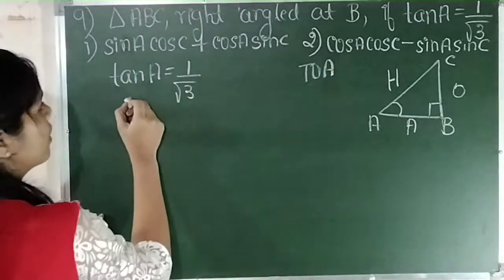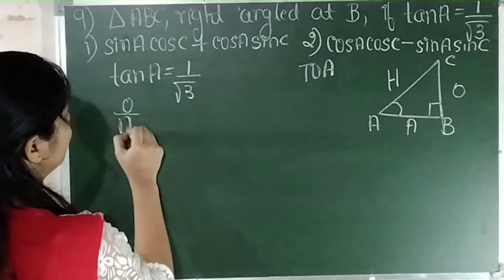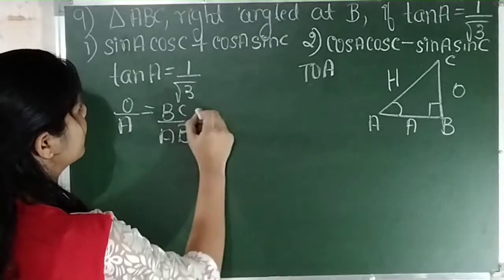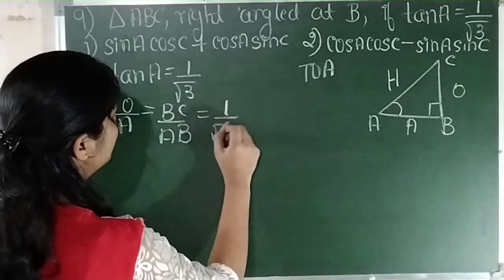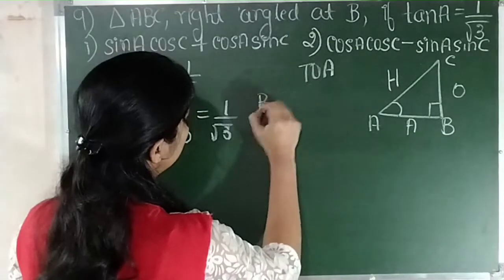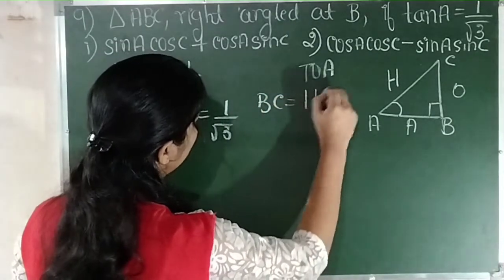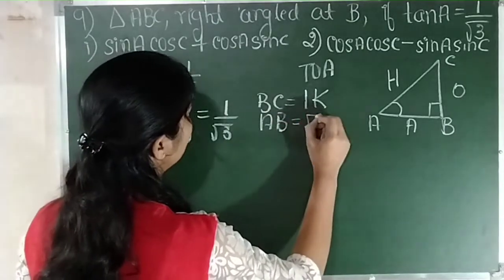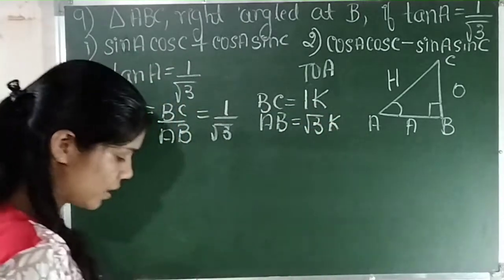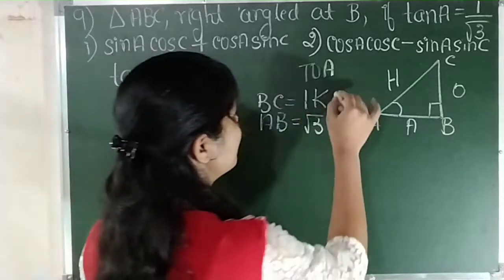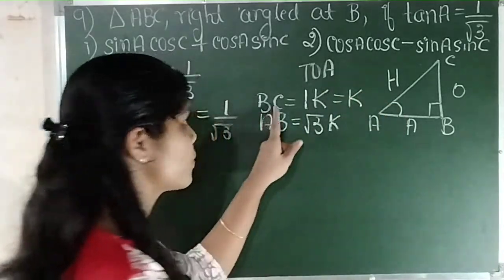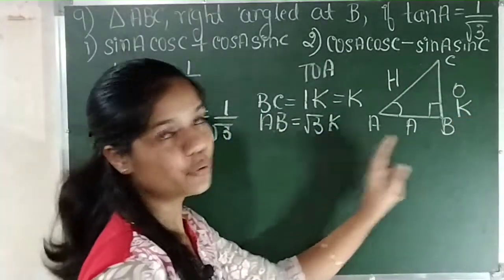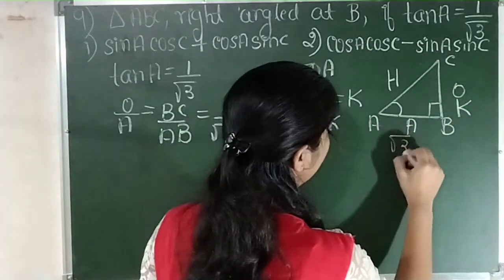So opposite side BC divided by AB is equal to 1 by root 3. So this implies BC is equal to 1 into K and AB is equal to root 3 into K. So BC is equal to K and AB is equal to root 3 into K.